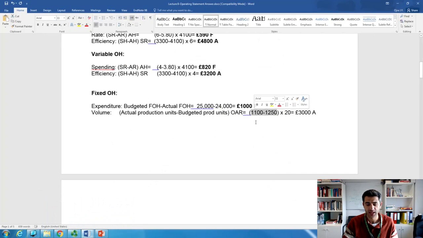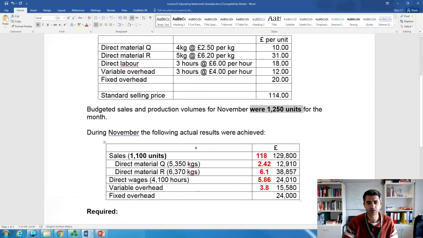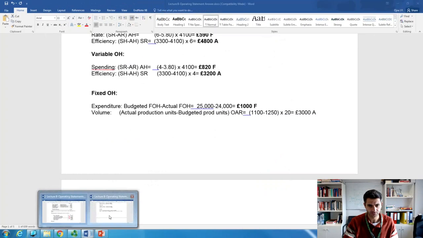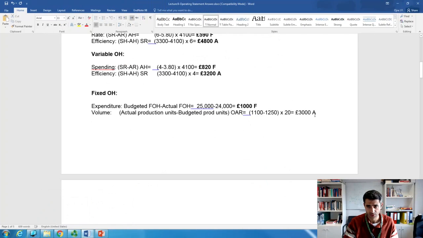Then you multiply by OAR. OAR stands for budgeted overhead absorption rate, which means the budgeted fixed overhead per unit. The budgeted fixed overhead per unit in the question is £20, the same as OAR. So the answer is 3,000 adverse.